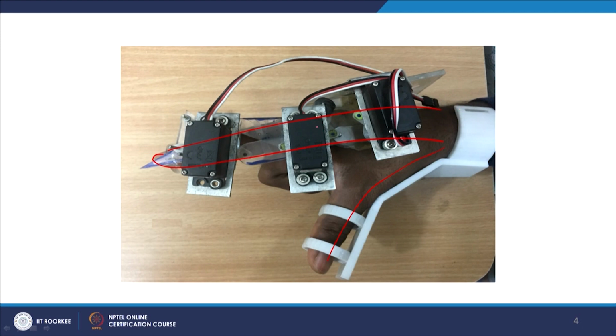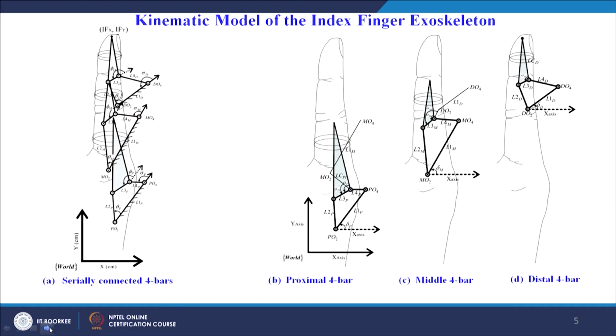It has 3 degrees of freedom, as I mentioned in the previous lectures: one for the flexion extension motion of the MCP joint, the second for the flexion extension motion of the PIP joint, and finally the third for the flexion extension motion of the distal interphalangeal joint of the index finger. So, this index finger can provide flexion extension movement of the index finger joints independently in 3 degrees of freedom.